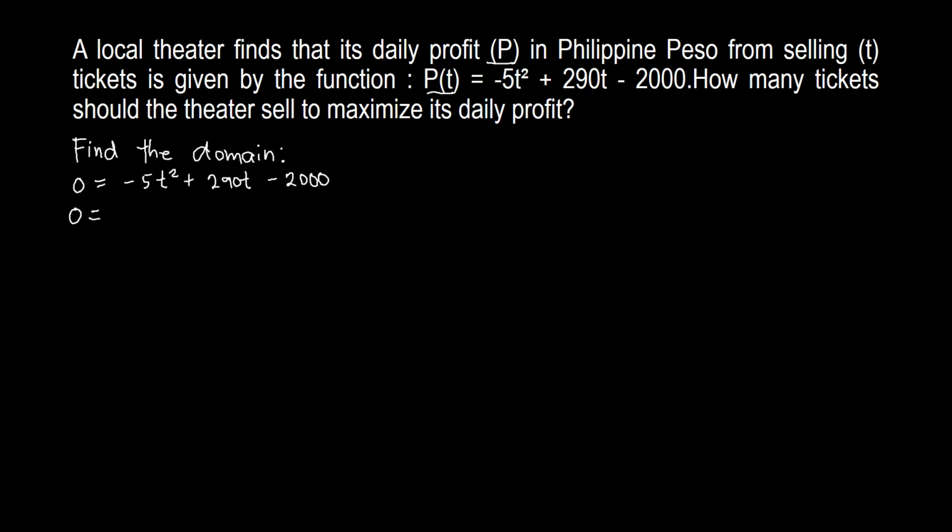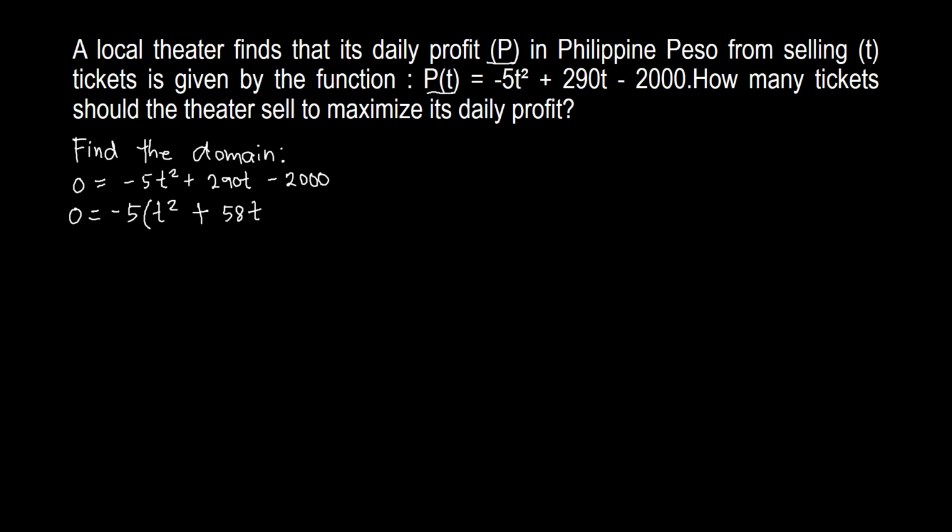Factoring out negative 5, the remaining factor will be t squared, because negative 5t squared divided by negative 5 is a positive t squared. Then 290t divided by negative 5 results in plus 58t.